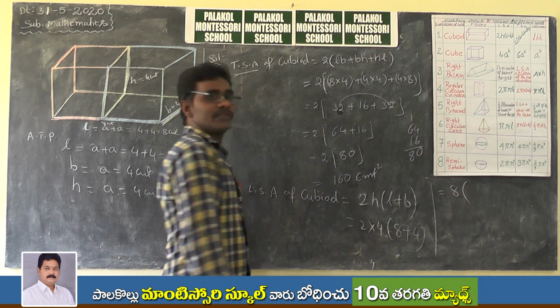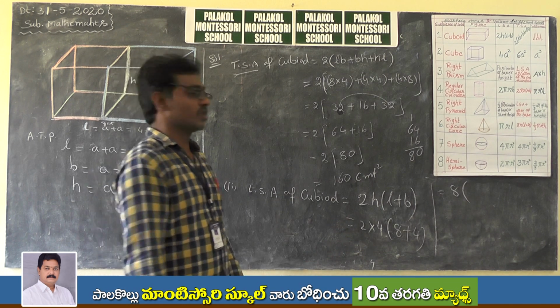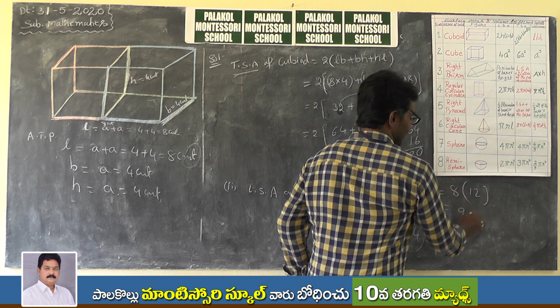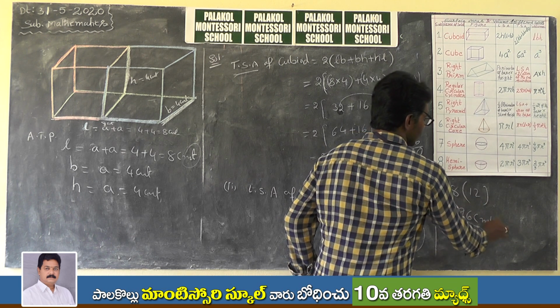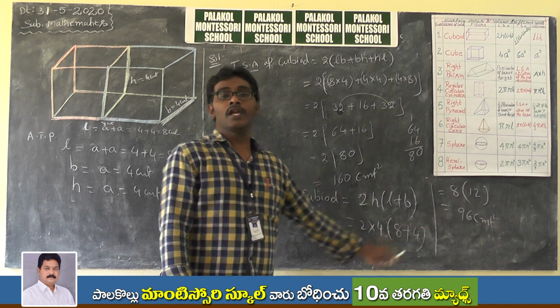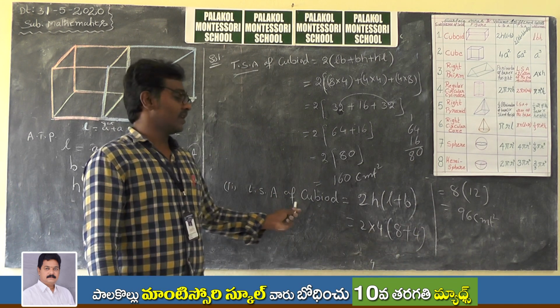In the simplification of the bracket terms, 8 plus 4, 12. So 8 12s equals 96 centimeters square. So 96 centimeters square is the lateral surface area of the cuboid.